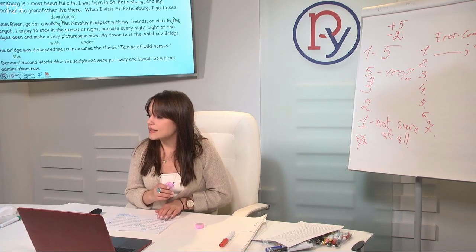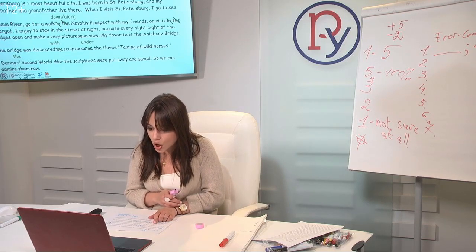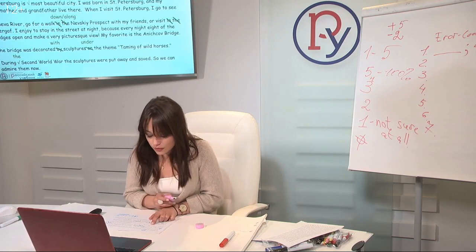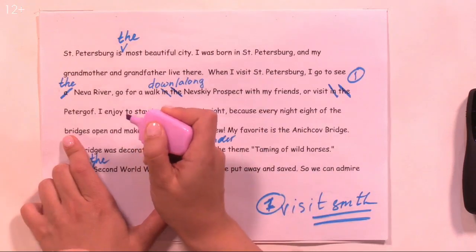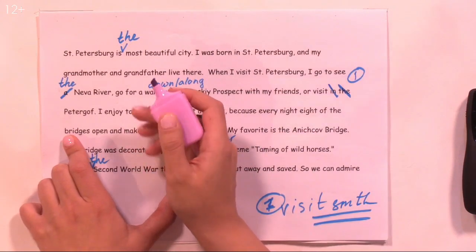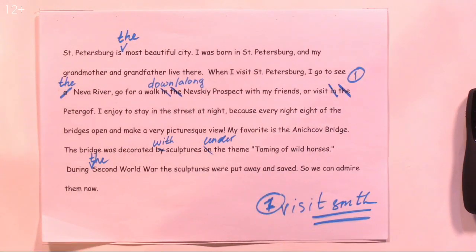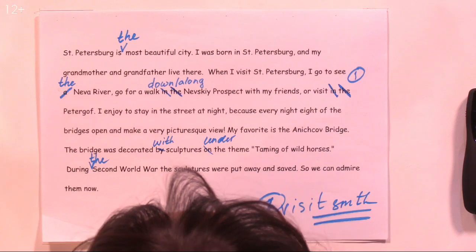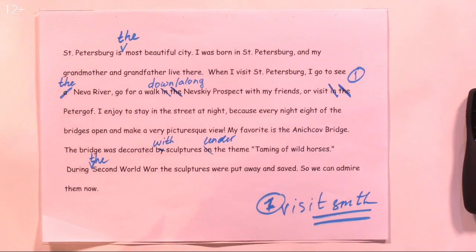So I could see that some of you mentioned that there is a mistake with the verb use, right? I enjoy to stay in the street at night, right? Now this is indirect feedback. I know that unlike articles and prepositions, which are quite problematic areas for my learner, other mistakes can actually be corrected by himself, right?